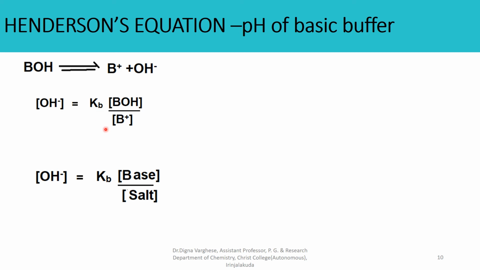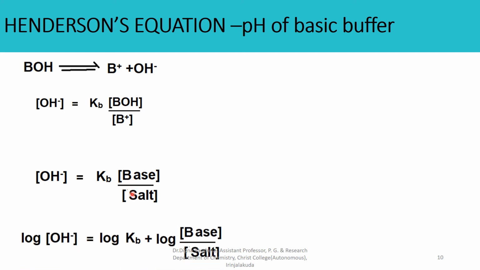This can also be written in the form: concentration of OH- is equal to Kb into base by salt. Taking logarithm on both sides, log OH- is equal to log Kb plus log base by salt.